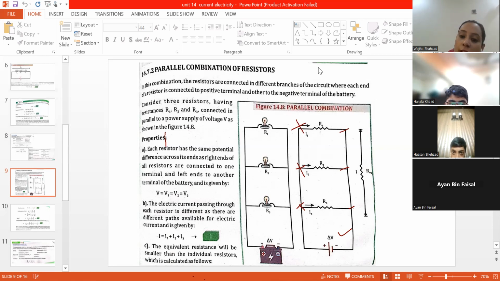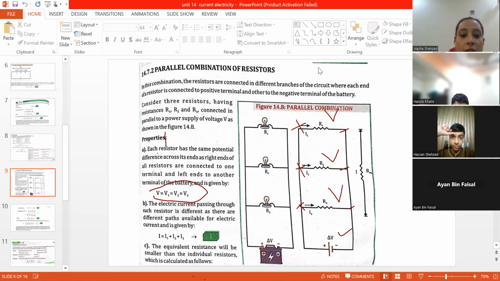So when they are connected like this, the voltage across each resistor will be the same, because each resistor is getting the total amount of voltage. So we can say that in a parallel combination, all the resistors get the same amount of voltage. We can write the equation V is equal to V1, which is equal to V2, which is equal to V3, right?